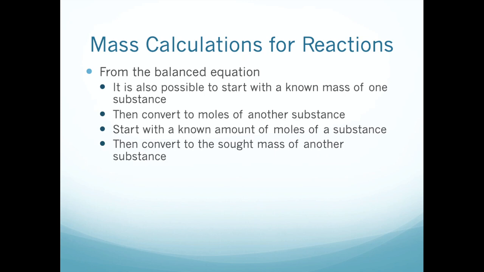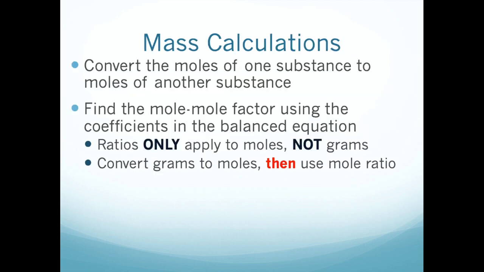We can only use a molar ratio or a mole-mole factor for moles. If you try to use these molar ratios with masses, with grams, you will get the wrong answer. Okay, so it's very, very important that if you are given grams, you need to first convert it to moles before you can use your molar ratio.